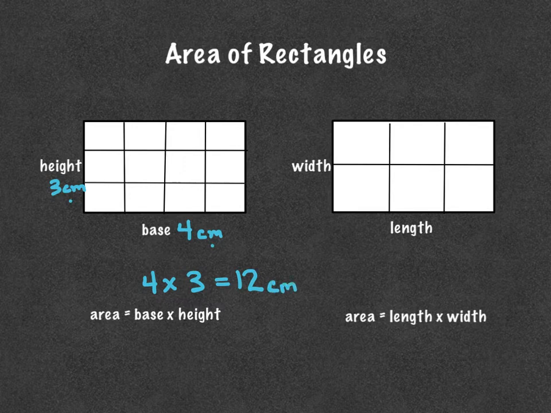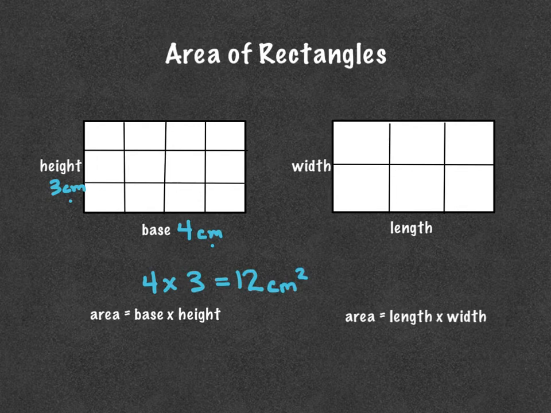And then we're going to have a little exponent after the centimeters. The reason is that each of these in our rectangle is a square, right? They're not exactly perfect squares the way I drew them, but you get the idea. They are square centimeters.